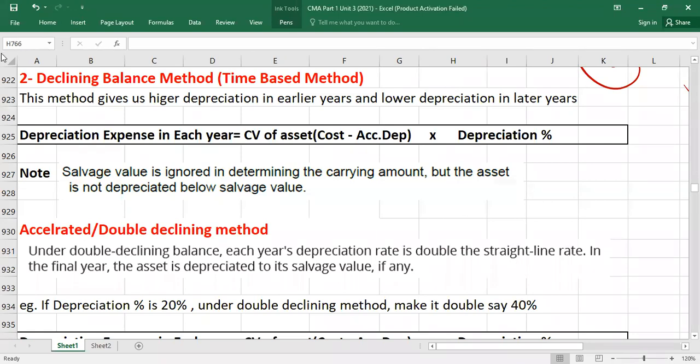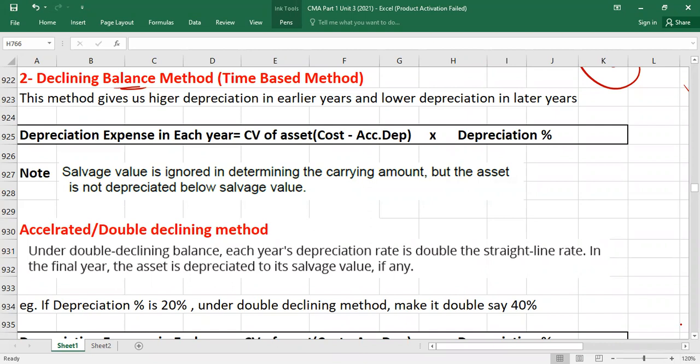So now, guys, we are talking about the declining balance method. This is the second depreciation method. And what will happen under the declining method? Please make sure that under the straight line method, every year you get the same depreciation if you ignore the time fraction.